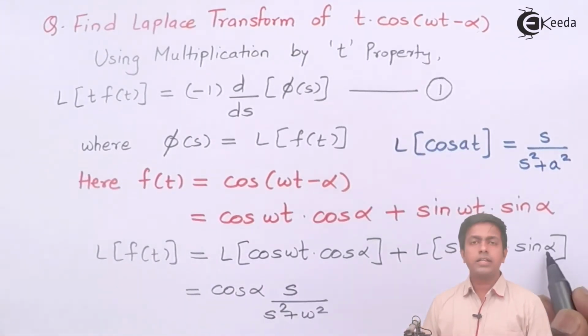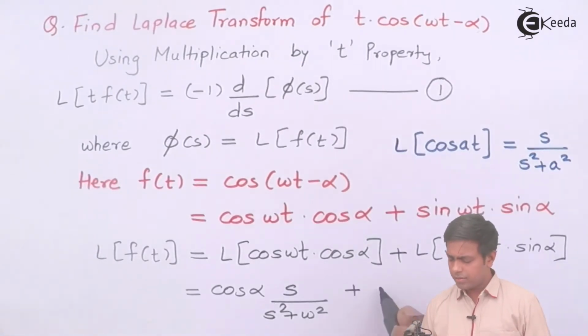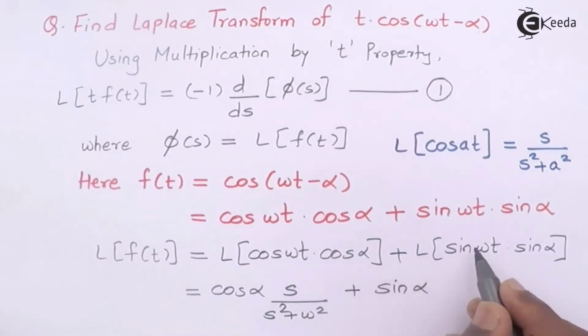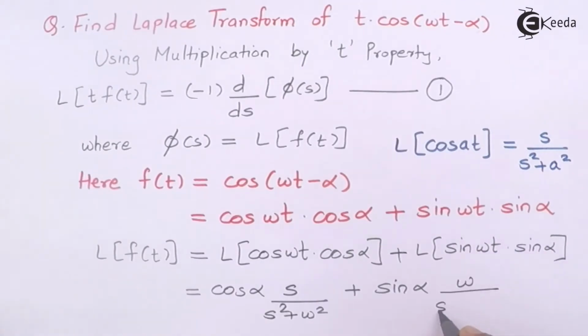Similarly here, sine of alpha is constant because it does not have any t. I'll take it outside and here we will get Laplace of sine of omega t, which is omega upon s square plus omega square. Now guys, in these two terms the denominator is same, so I can take it once and I'll add the terms of numerator.